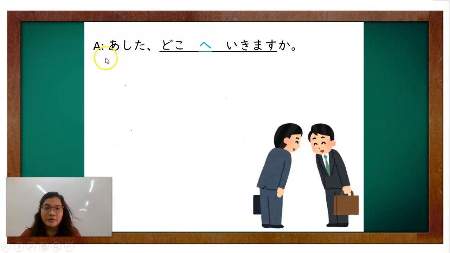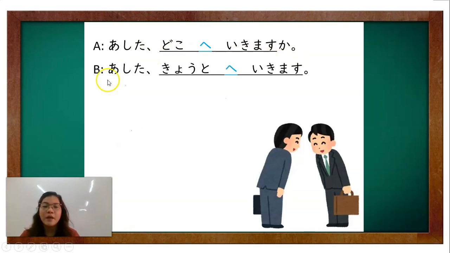So, let's read it. Ashita doko e ikimasu ka? Ashita is bukas, doko is where, and ikimasu is go. So, where will you go tomorrow? Saan ka pupunta bukas?